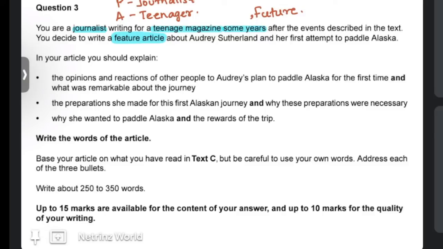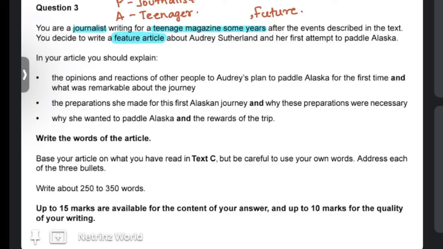In your article, now here they have specified 3 points that you have to write about. First, the opinion and the reactions of other people to Audrey's plan to paddle Alaska for the first time, and what was remarkable about the journey.